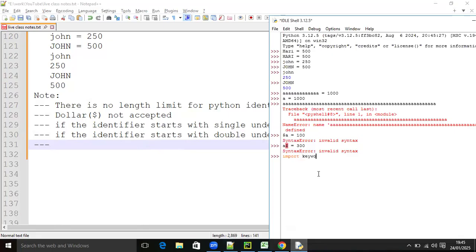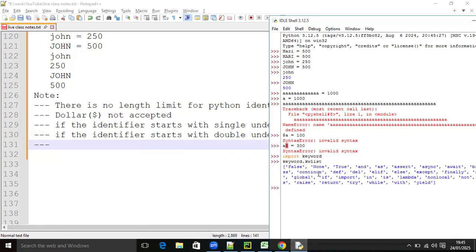Keywords are reserved words. Next, to know what keywords Python has, we need to give keyword dot kwlist. So these are the keywords we have.